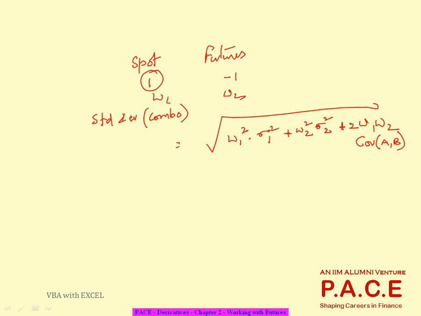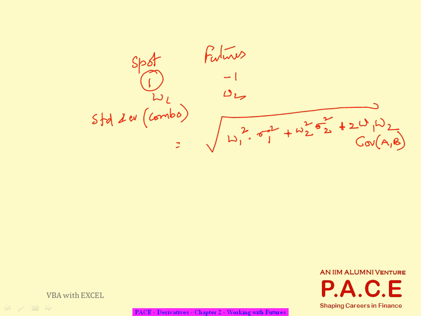Covariance is nothing but pairwise variance. So if one is going up, how is the other behaving? That's the measure of covariance. If both are going in the same direction, the covariance will be positive, just like your correlation, right?